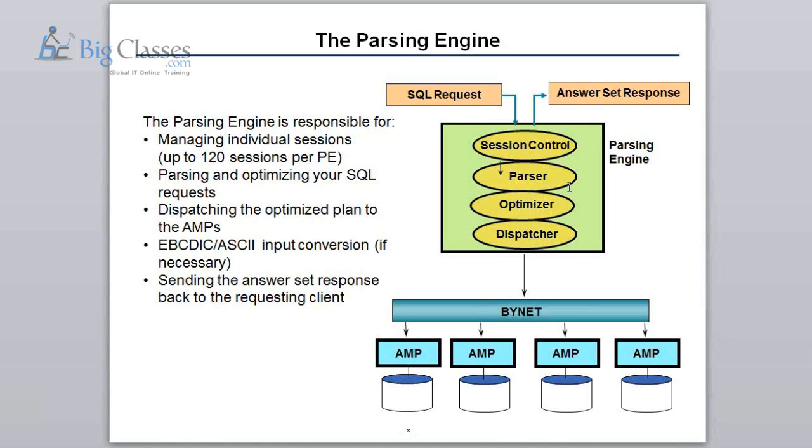Based on the instructions, the AMP will do all the work and get the data back with the help of the BYNET, because the BYNET is just a point-to-point communication mechanism. Once the AMP is done with data retrieval, it goes back to the parsing engine, which sends the data to the client, right? So the data is spread across multiple disk storage, right?